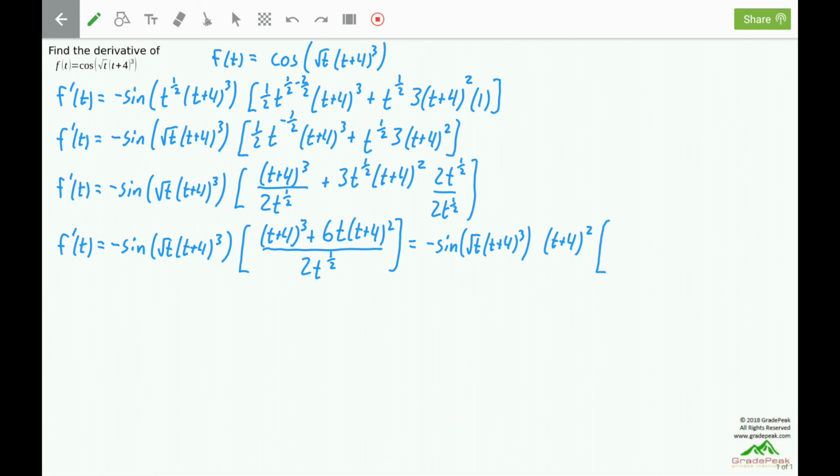Now, if we factor out a (t plus 4) to the power of 2, that's going to take away 2 of the 3 here, and it's going to take away all of that. And there's what we will have left over. It looks like we'll be left with a t plus 4 and then plus a 6t. All this is over 2t to the 1/2. Now I'm going to write that t to the 1/2 as t to the first power and second root, or just square root of t. It just looks a little nicer in that denominator.